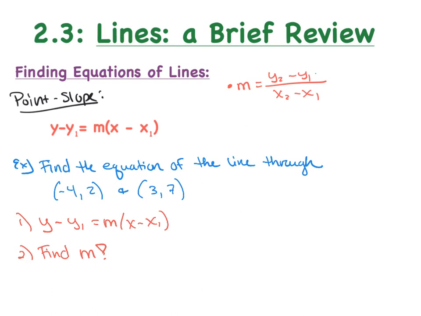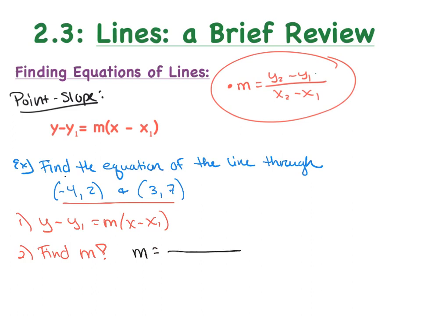In this case, because we have two ordered pairs, we're going to use our formula up here to find the slope. So we're going to do m equals, label them however you want to, but I think it makes the most sense to have the x1, y1 be the first point, -4 and then 2, and the x2, y2 be 3 and 7 respectively.